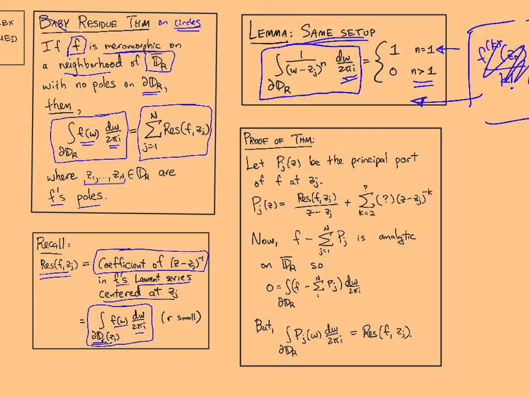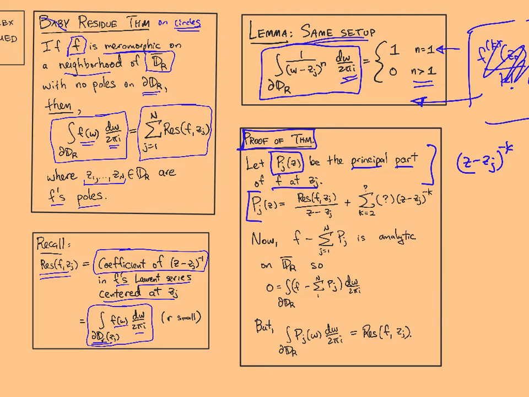So here's the proof of our baby residue theorem. We're going to go around to each of these poles and let Pj of z be the principal part of f at zj. Recall this is where you pull out the finite sum of the terms of the form z minus zj to a negative power.